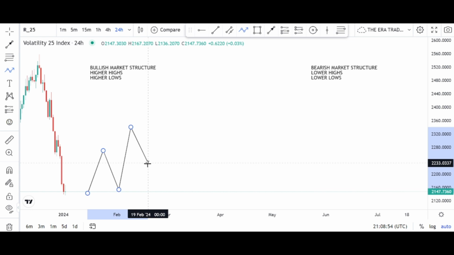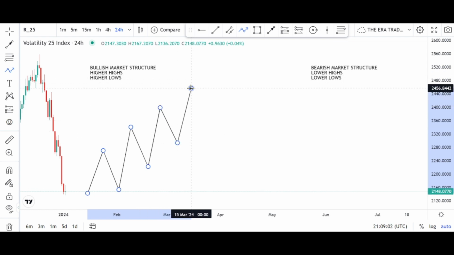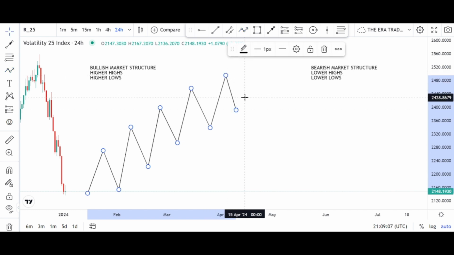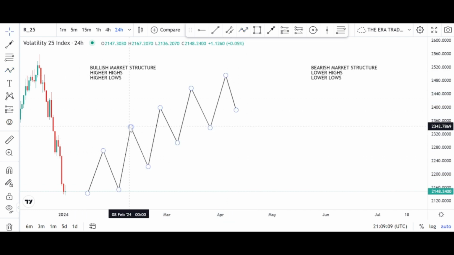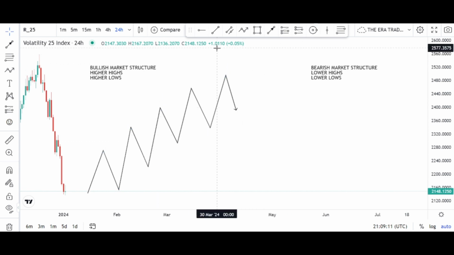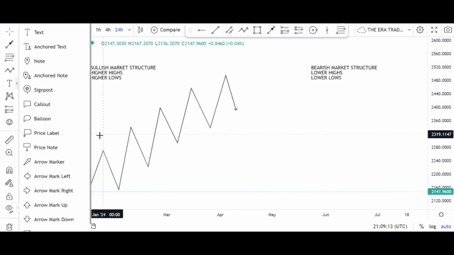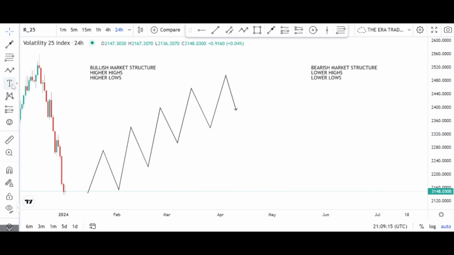So basically, when the market is on an uptrend, it forms a series of higher highs and higher lows. All right, so you need to understand this.